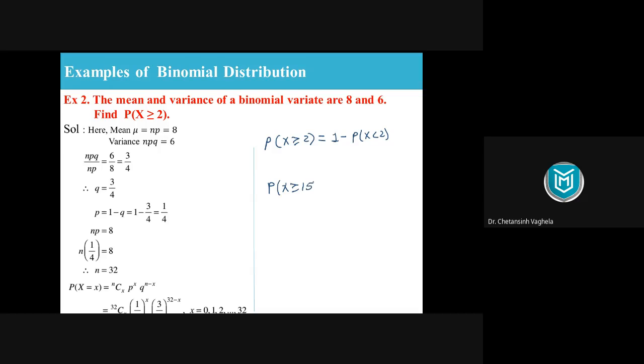In that case, what you can do, 1 minus p of x is less than 15 कर सकते हैं आप. या तो आप यूं ही कर ले कि 15 plus 16 plus 17 plus 18 up to 32. In both that cases, you are supposed to deal with quite big number of calculation. इस केस में आपको 0 से लेके 14 तक ऐड करना पड़ेगा, मान के 15 कैलकुलेशन यहाँ पे भी होगी. और इन अदर केस यू आर सपोज टू डील विद 16 कैलकुलेशन. तो ये दोनों टाइम कंज्यूमिंग हो जाएगा.